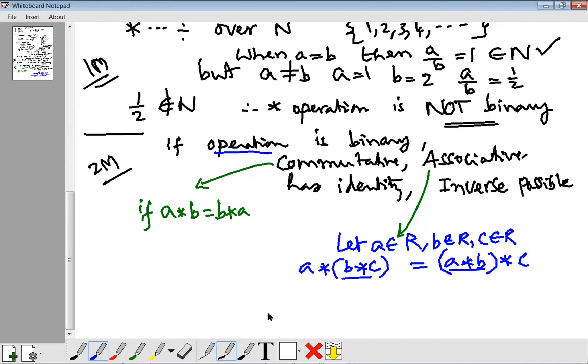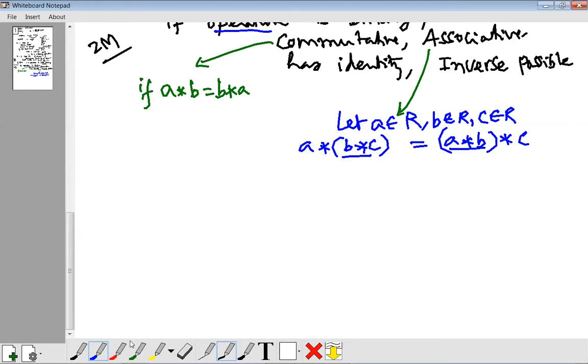Then comes the identity. Identity is the simplest but often gets confused. So what do you mean by identity? You have some operation, for example, I have 1, 2, 3, 4, 5, and so on.